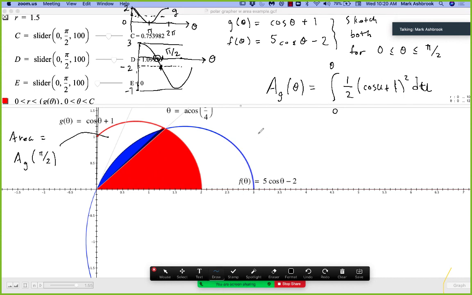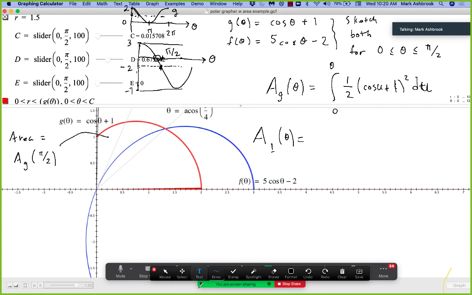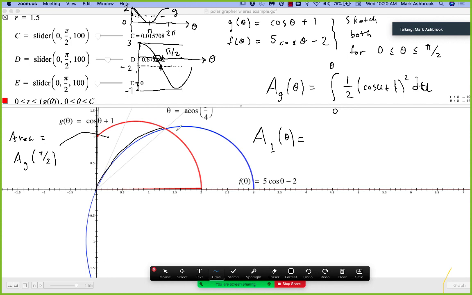I'll just call this one A sub 1. How am I going to do that? Basically, I want to accumulate area inside this defined region right there.